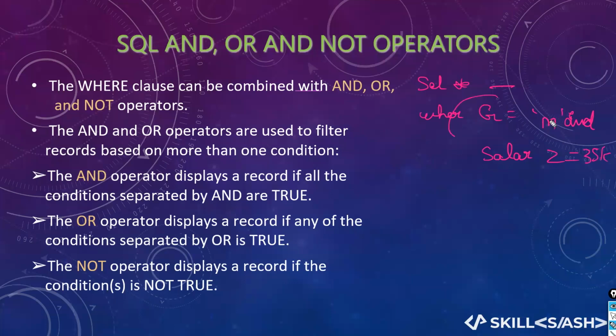See here I have merged two conditions. Can I merge another one? Yes, you can have, and department number should be equal to 1 or department number should be equal to 6 or 5, etc. So you can have multiple or n number of and conditions in this where clause.